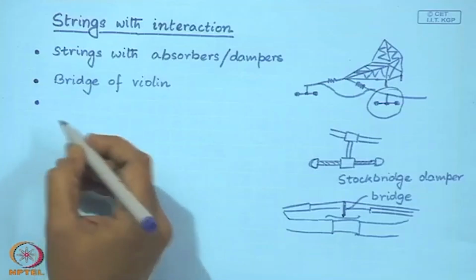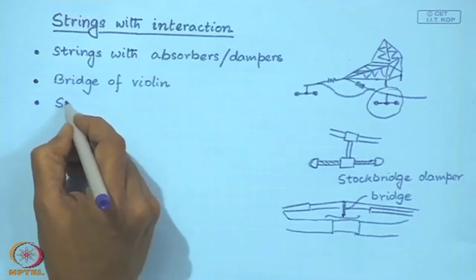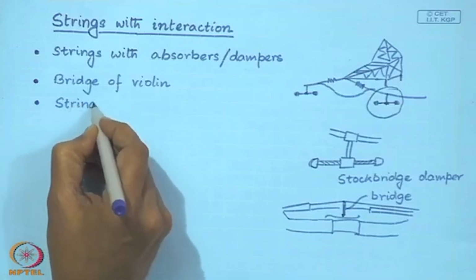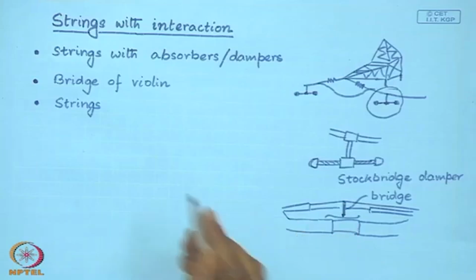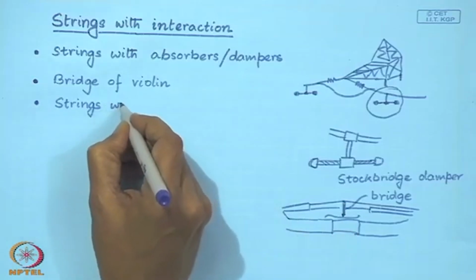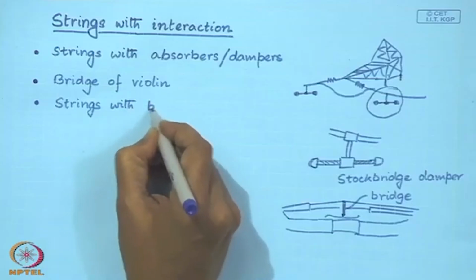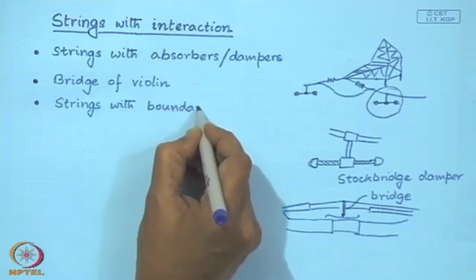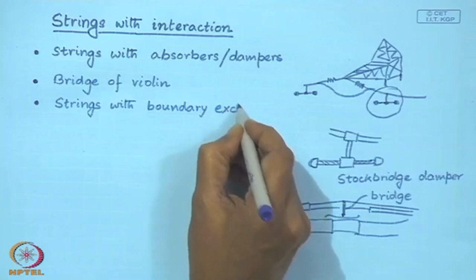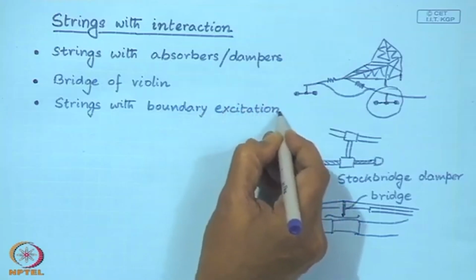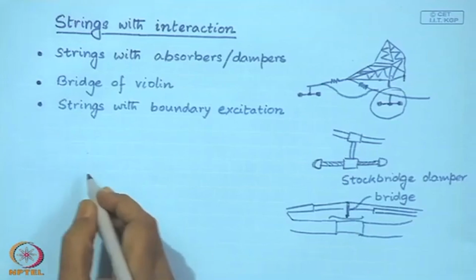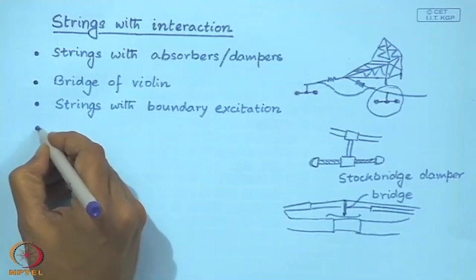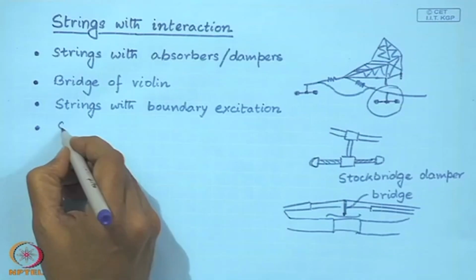Then you can have strings which are connected to an actuator, which may excite within the span of the string or maybe at the boundary. Or it could be another system which is vibrating and it is exciting the string at the boundary. Then you can have strings with moving loads.